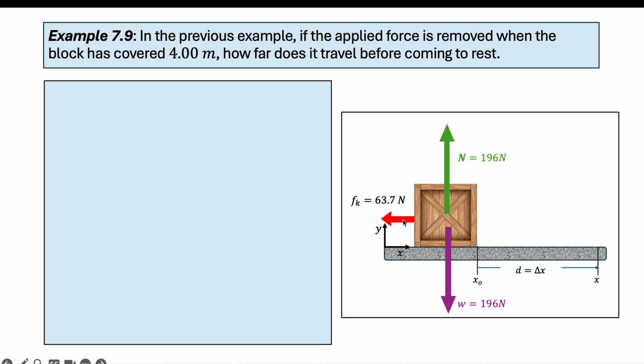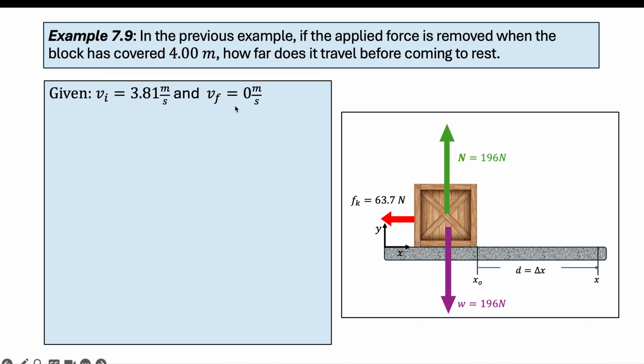So the only force that's present here is the frictional force. We know it was traveling at a speed of 3.81 meters per second after it had gone the 4 meters, and we're wondering how far it is going to travel before coming to rest.